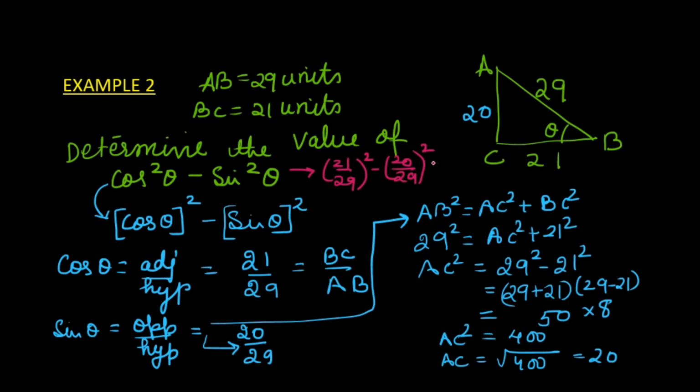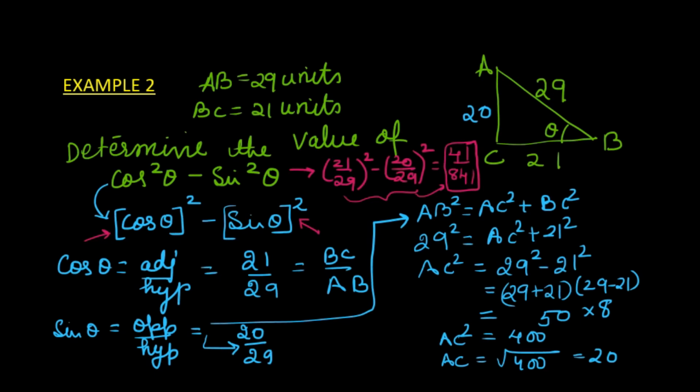On simplification, we will get 41 over 841. This is the answer for the question. So what we have done: first we figured out cos theta and sin theta, then we squared cos theta, squared sin theta and found their difference to get the answer. I hope these two examples are very clear to everyone.